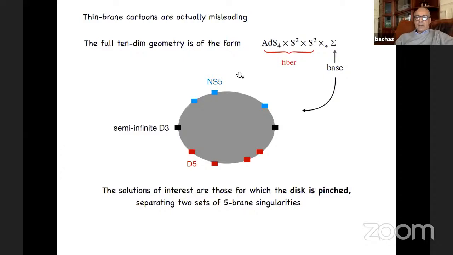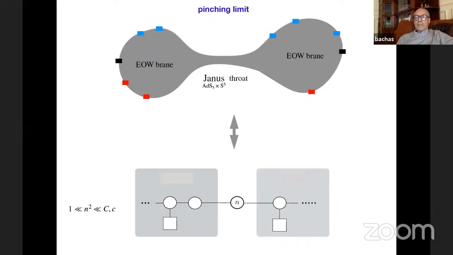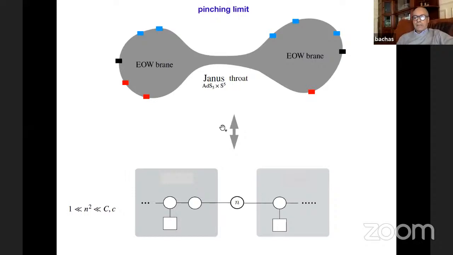Janus means essentially in this previous picture that the dilaton varies from one end to the other across AdS5. So this is essentially now the thick brane correspondence of this thin brane wedge. And if you want, it's the real story in string theory.